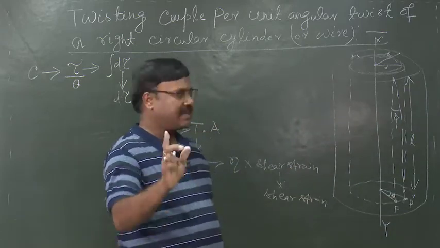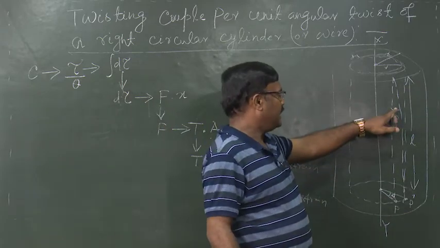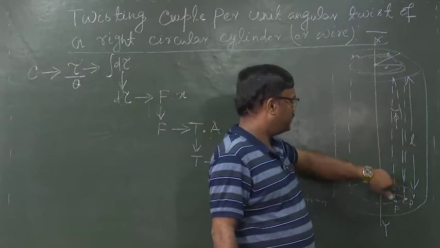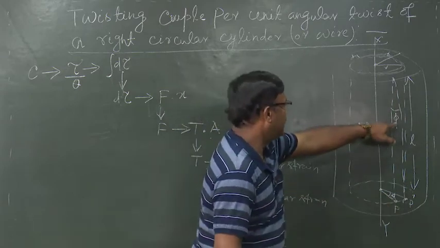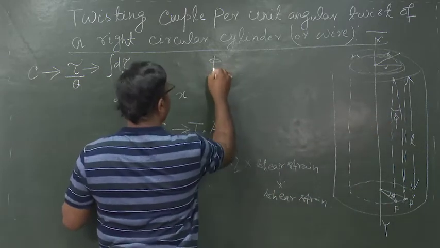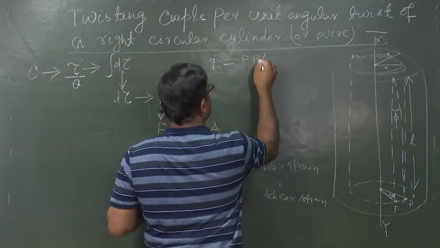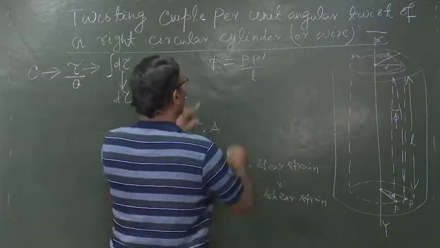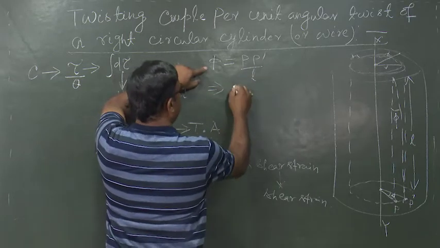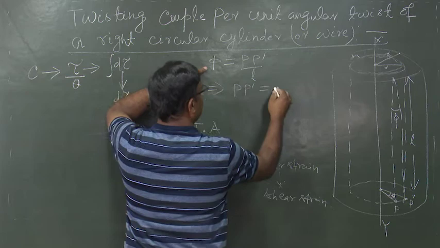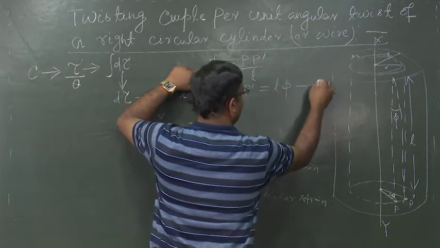Now we can write theta is equal to arc by length, that means this angle phi is equal to arc P dash by L, which implies P dash is equal to L phi, equation 1.